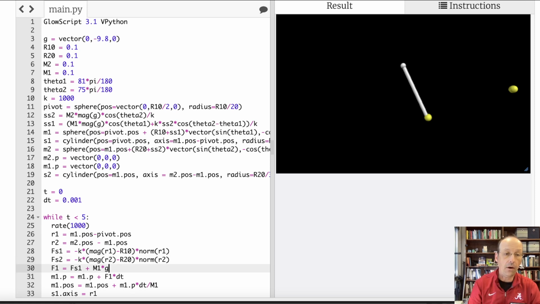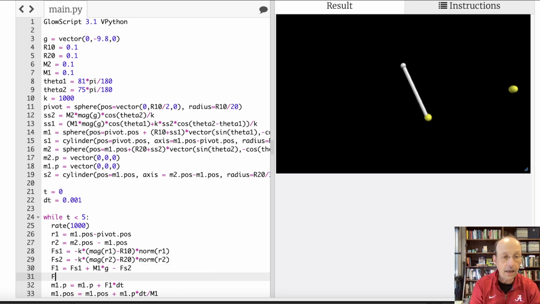Okay, now F1 is going to be equal to the spring plus gravity minus FS2, right? Because if FS2 is the force on mass 2, then that pulls in the opposite direction for mass 1. F2 is going to be FS2 plus M2 times G.